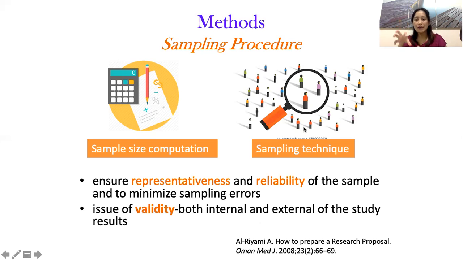If you only sample people with diabetes in the hospital, then you will overestimate the mortality rate, because the patients in the hospital are sicker. They usually have multiple comorbidities, as opposed to sampling people in the community. You will be able to minimize selection bias.